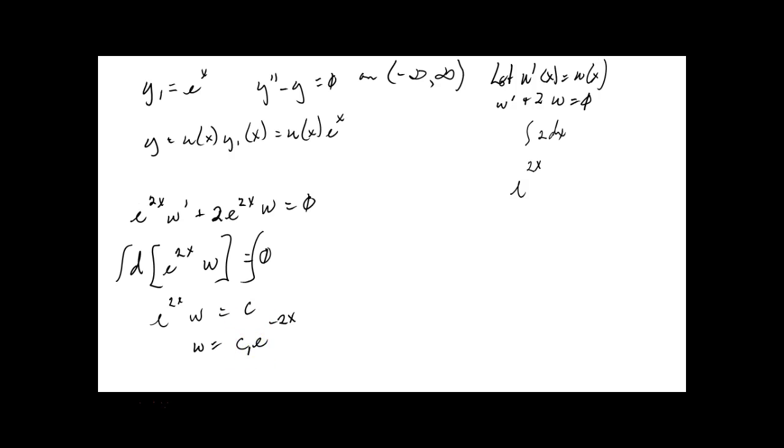W is equal to C1 e to the minus 2x, or what was W? U prime. So this is equal to U prime of x, which means then that we can do a du dx.